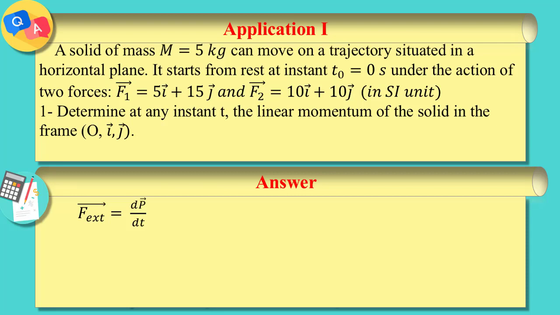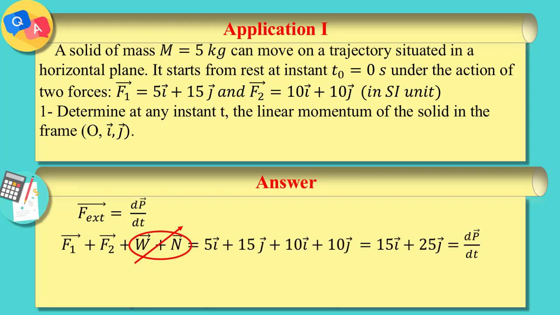What are the forces acting on this solid? It's F1, F2, plus weight and normal, but W plus N is 0 because they are vertically opposite to each other. Then we add the vectors F1 and F2 and we get 15i plus 25j, which is equal to dp vector by dt.